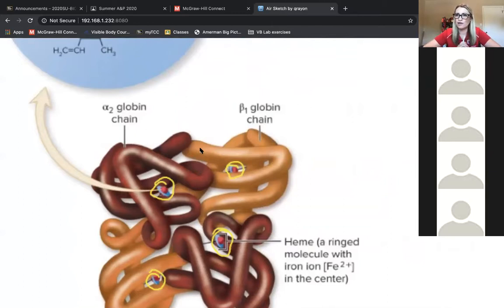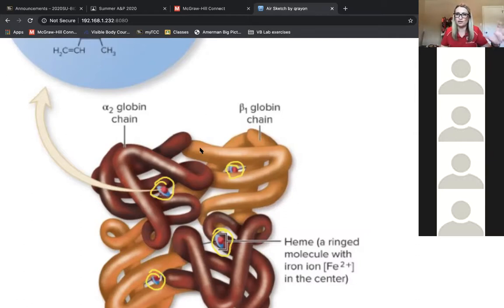The hemoglobin molecule does not only carry oxygen though. A lot of people think that hemoglobin is only for oxygen, but it is also for transport of a small percentage of carbon dioxide, and hemoglobin can also bind hydrogen ion, believe it or not.